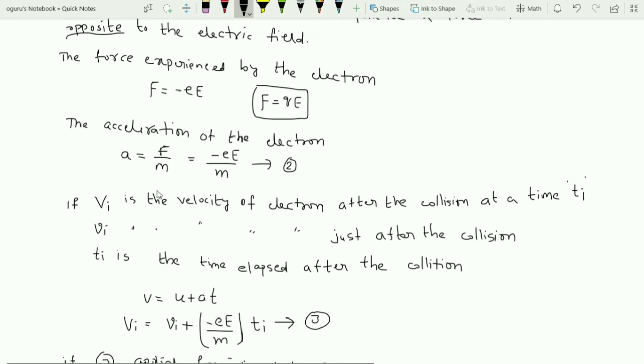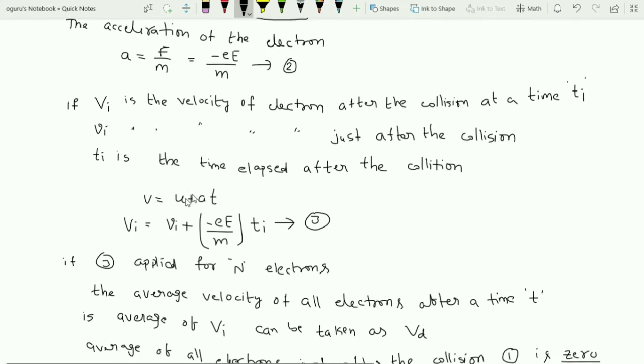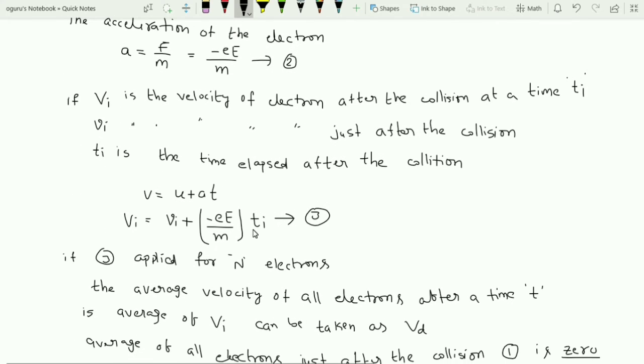Here we have defined capital Vi as the velocity after the time ti. So in place of the final velocity, we substitute capital Vi. And U, the initial velocity, that is the velocity of that electron just after the collision, is small vi, plus acceleration a, which we determined as minus eE by m, times the time ti.